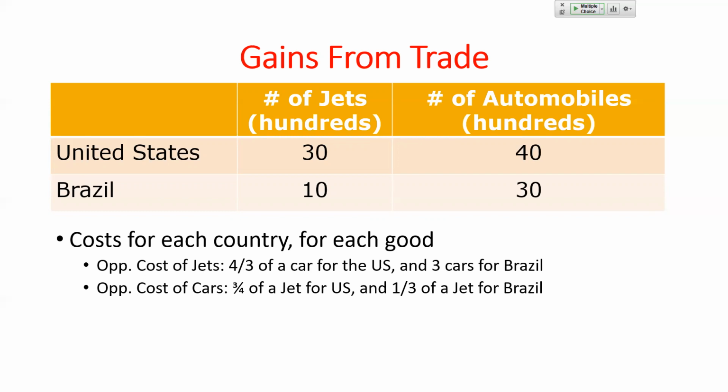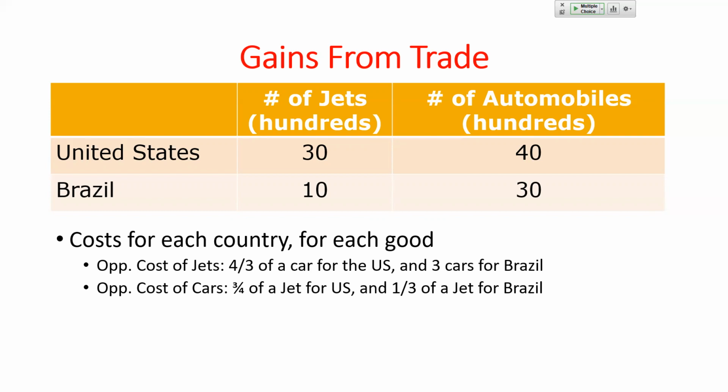So we went through and said, okay, we could graph these out, right? We could plot, if they're only producing jets, how many can they produce? If they're only producing automobiles, draw a line between the two, the very basic production possibilities curve. We then said if we can calculate the slope of that production possibilities curve, that told us the price of which good.